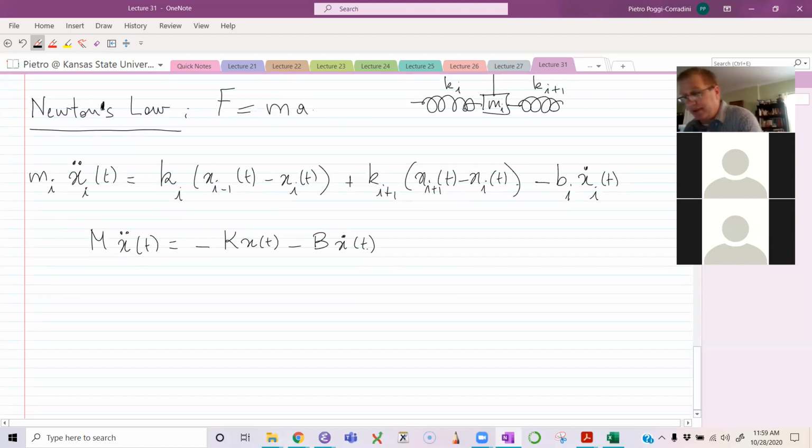Right, so what are the matrices? M is just the diagonal matrix with the masses.